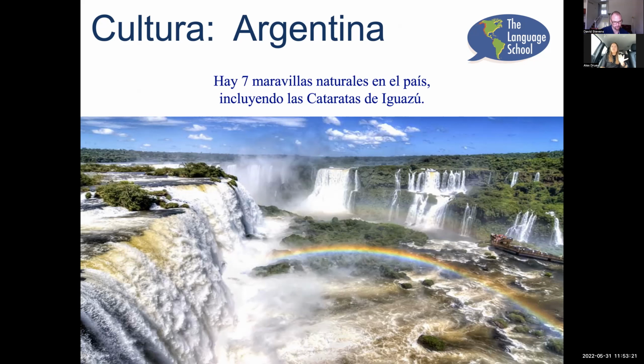So it has 7 natural wonders in the country, including Iguazu Falls. I've been to this place. This is the most spectacular place I've ever been in my life. It was really incredible.